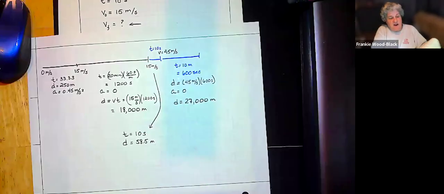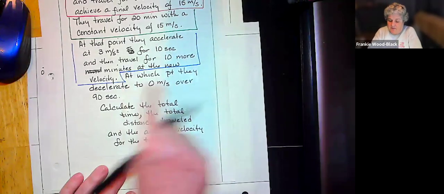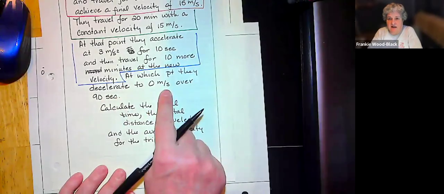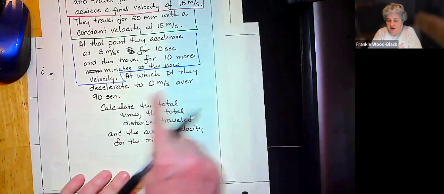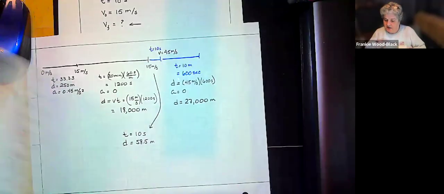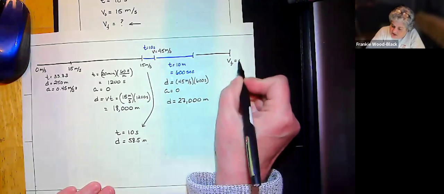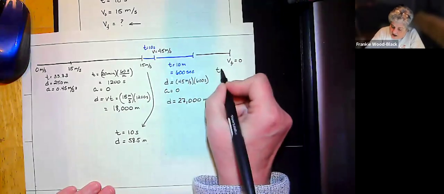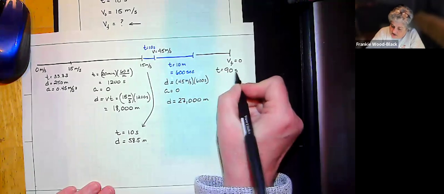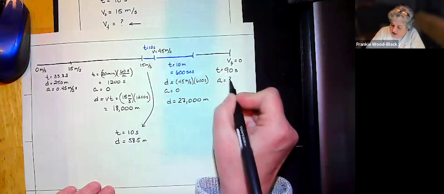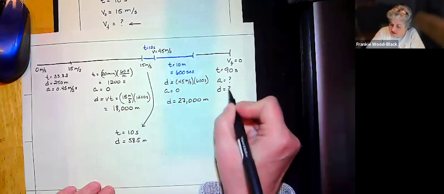Now we're going to do the very last part. At the point at which we're going to decelerate to 0 meters per second over 90 seconds. So here we know the time. We know our final velocity is equal to 0. Our time is equal to 90 seconds. We need to figure out our acceleration. We need to figure out our distance.